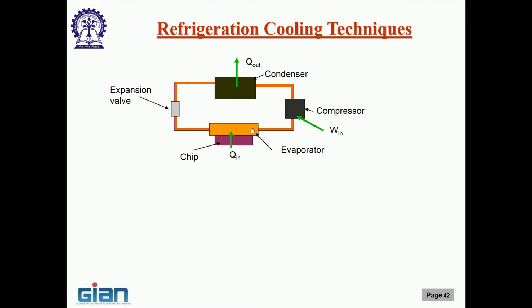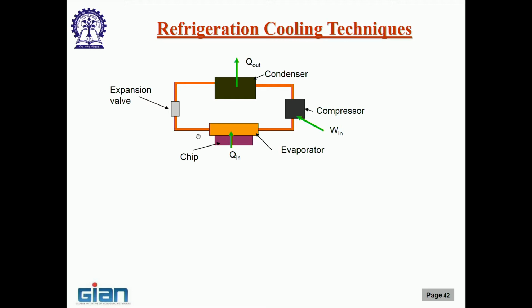As it flows through the evaporator it converts from liquid to complete vapor, and as it comes out it is in the vapor or gaseous state. Then we use a compressor to compress it to a higher pressure and temperature, and then pass it through a heat exchanger where it rejects heat to the outside and condenses, and then it passes through an expansion valve where there is a sudden drop in pressure and it comes back again to this low pressure and temperature.